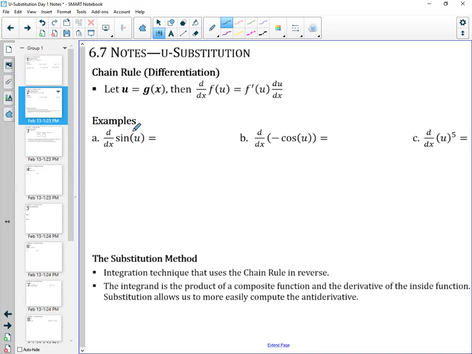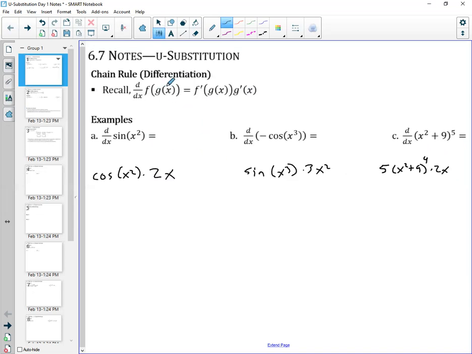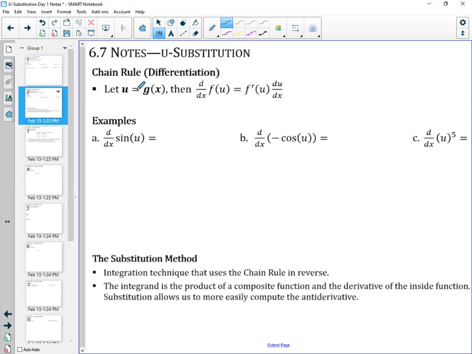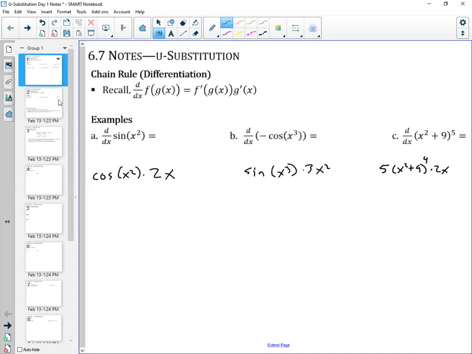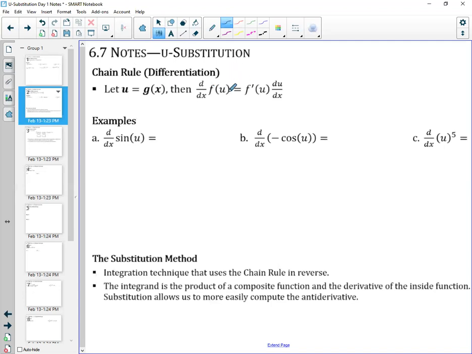So this is a way to think about that. Instead of calling it g in here, we could just call it u. If the thing inside f of x, here we call it g of x, but if we called it u, then the derivative of f of u with respect to x is the derivative of f at u.